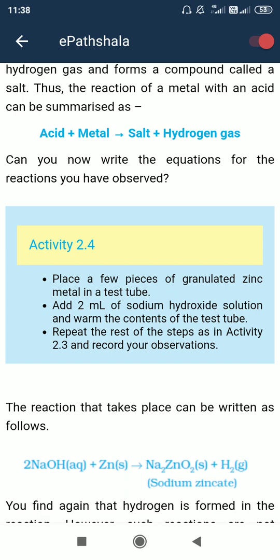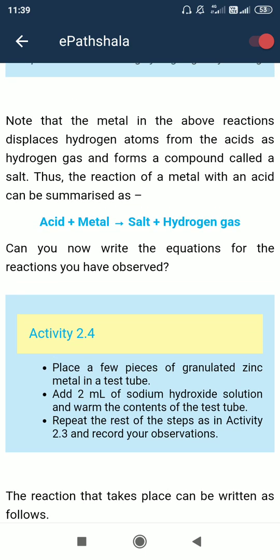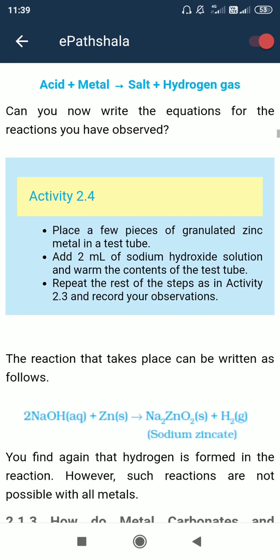When acid reacts with metal, they form salt and hydrogen gas, H2. So hydrogen gas is released and salt is formed. We need to remember, whenever an acid like HCl reacts with a metal like sodium, NaCl will be formed, that is common salt, and H2 gas will be released.